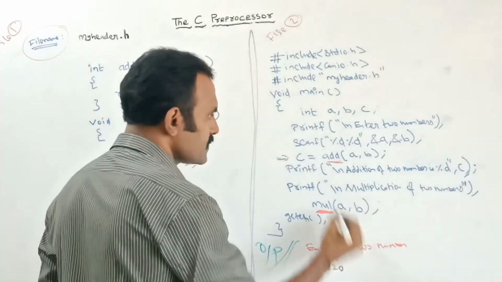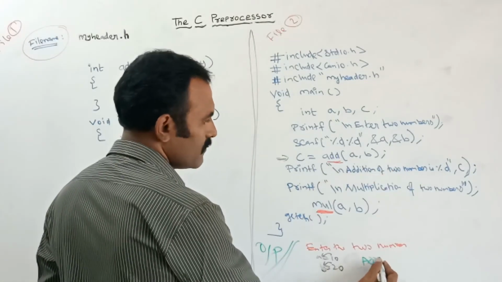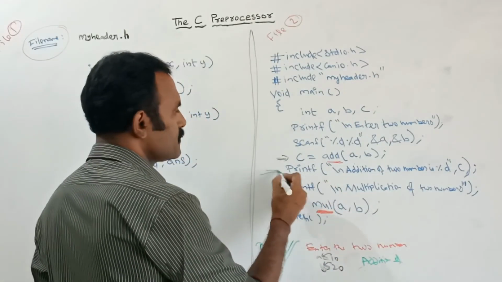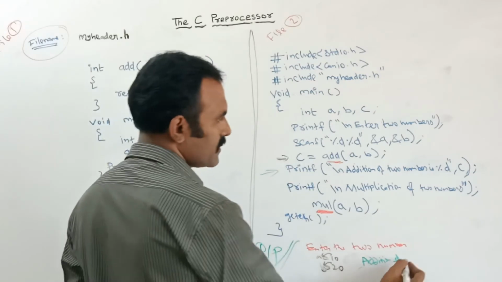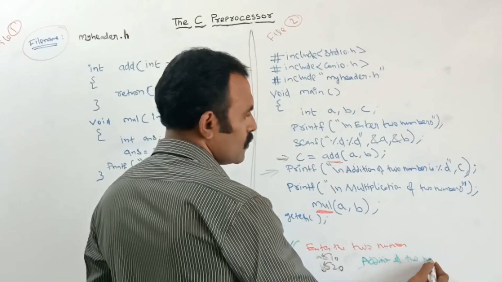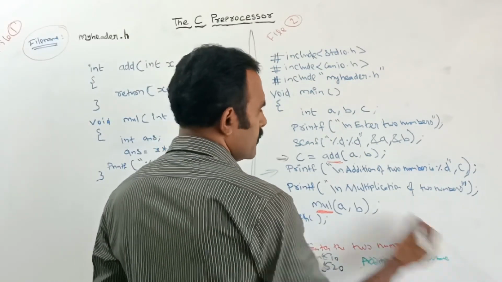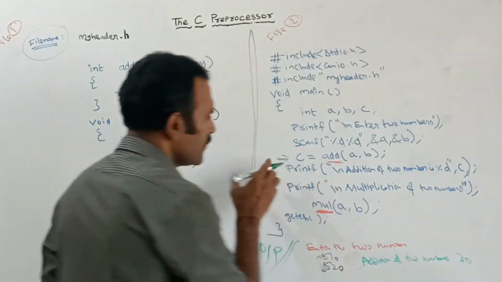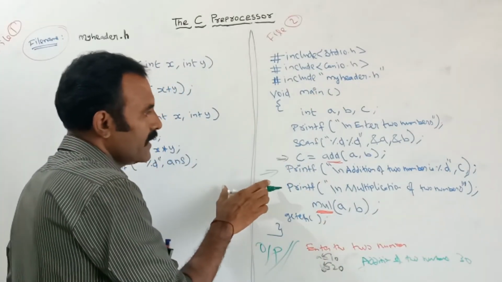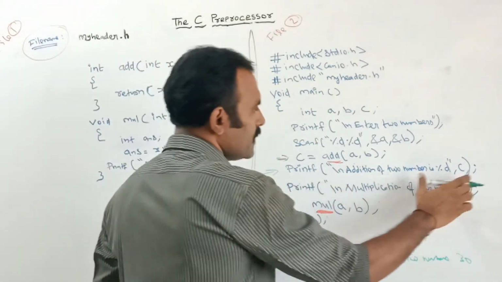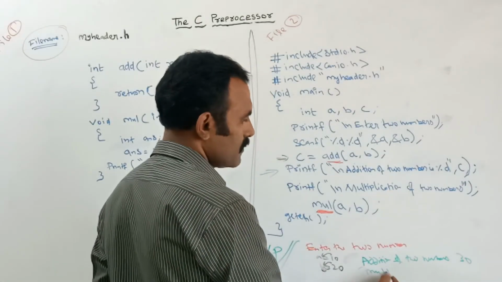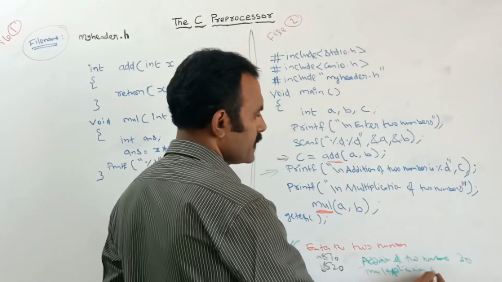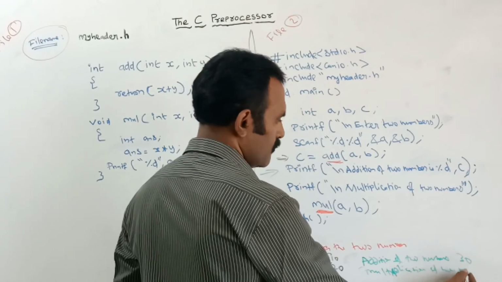Then it prints, as per this printf statement, addition of two numbers, next 30. After that it comes here, where I am telling it to print the multiplication of two numbers.